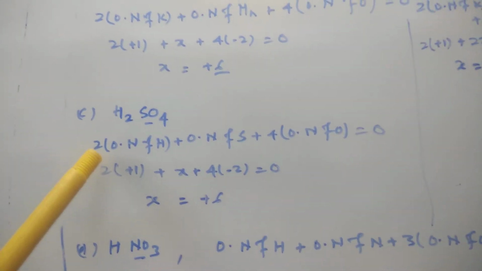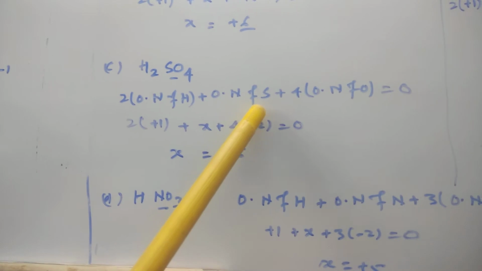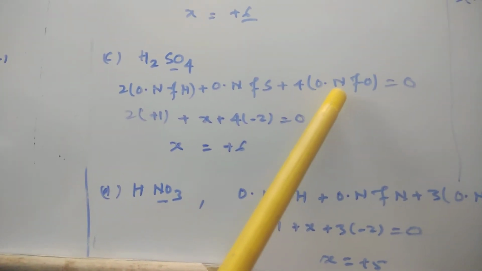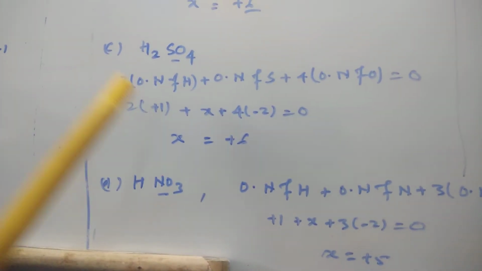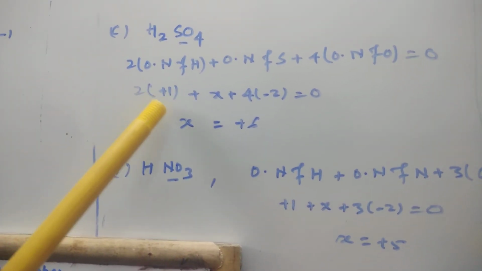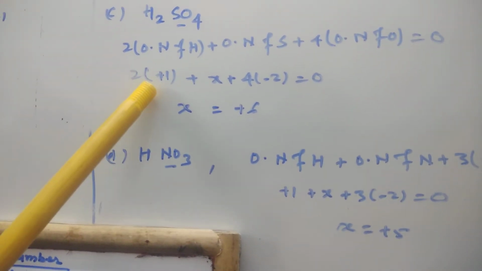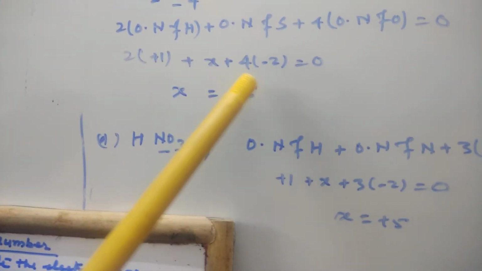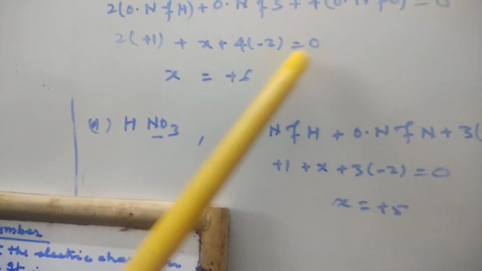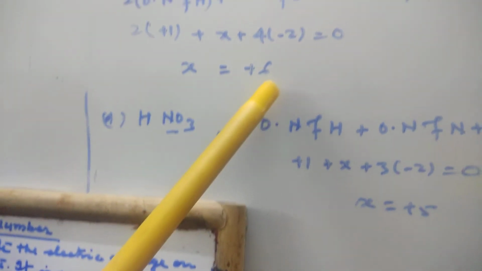So 2 into oxidation number of hydrogen plus oxidation number of sulfur plus 4 into oxidation number of oxygen equals 0. As we know oxidation number of hydrogen is +1, so 2 into +1 plus x plus 4 into -2 equals 0. On solving we get the value of x equal to +6.